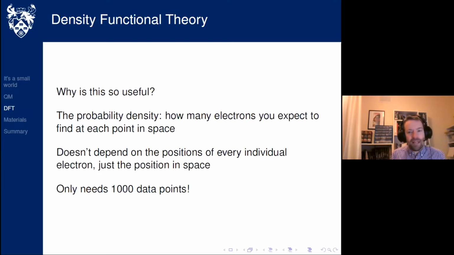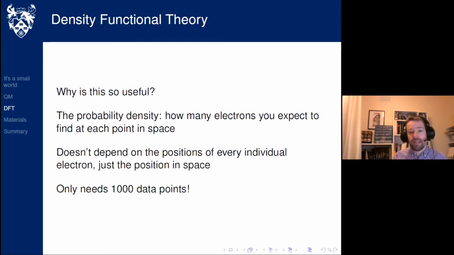By focusing our effort on the probability distribution, rho of R, not the wave function itself, we save a huge amount of computer storage and computer time. So the probability density, this rho of R, tells you how many electrons you expect to find at any point in space.